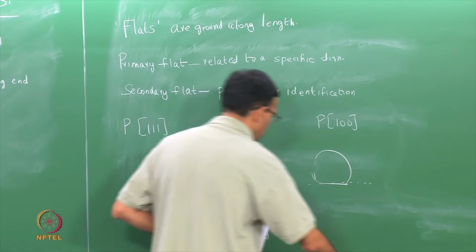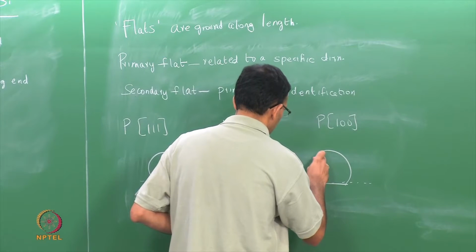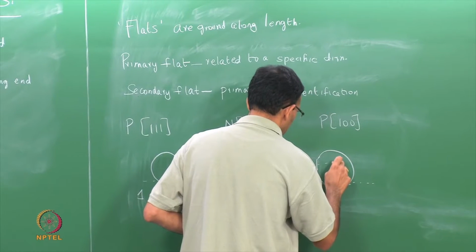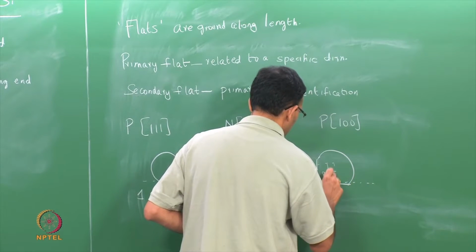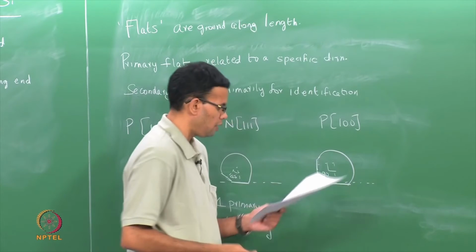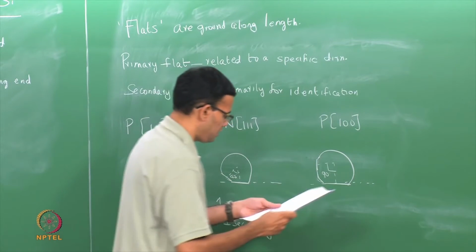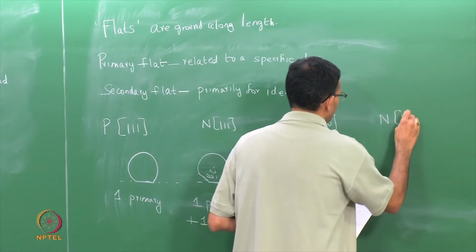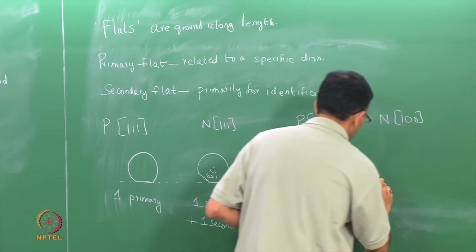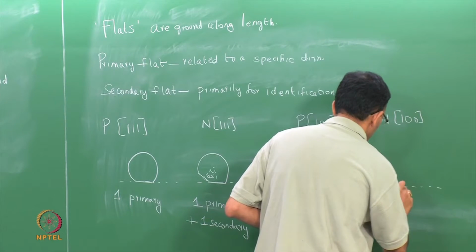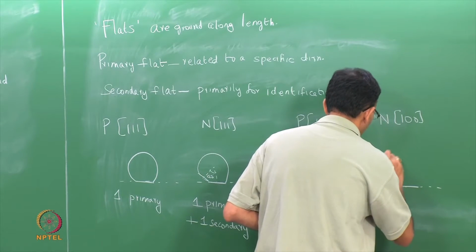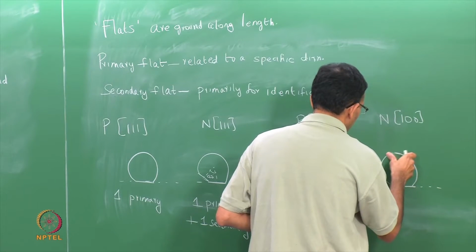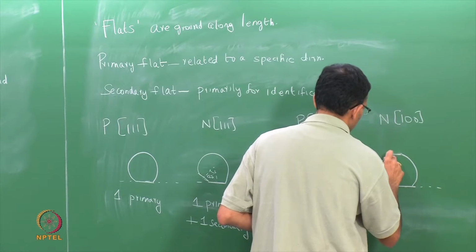Let me just draw it more clearly. So, once again you have one primary and one secondary at 90 degrees, and if you have an n type 100, you have one primary and one secondary flat that is at 180 degrees.